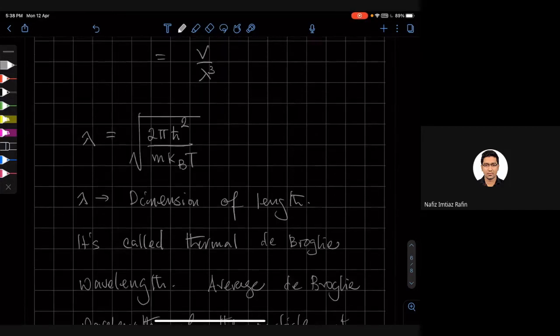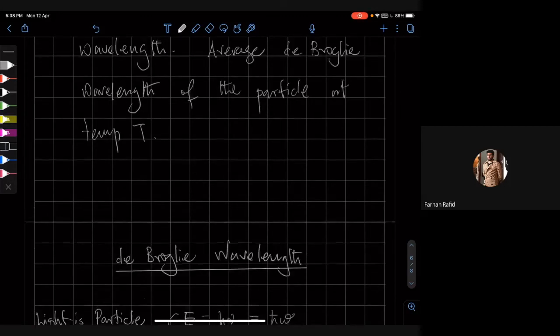Sir, does the de Broglie wavelength collapse when we go to a classical system like a tennis ball? No, it doesn't. Hang on, let me be careful about that.